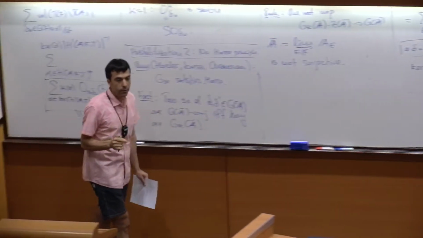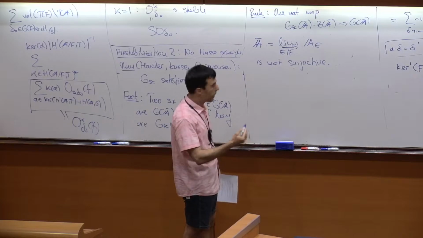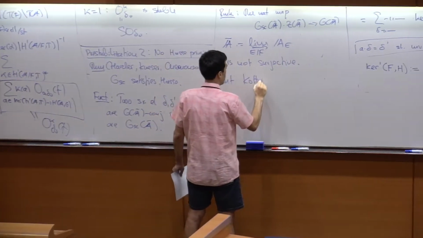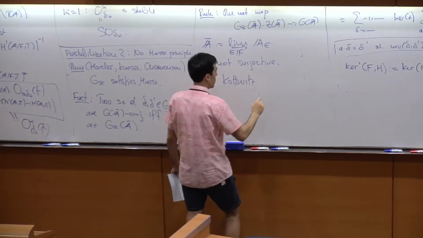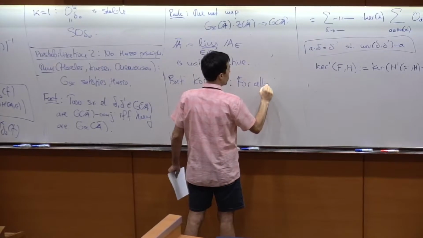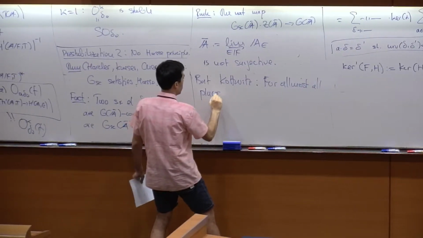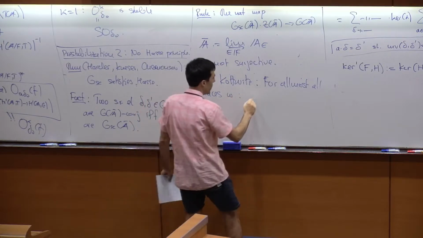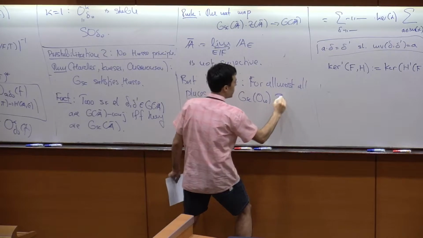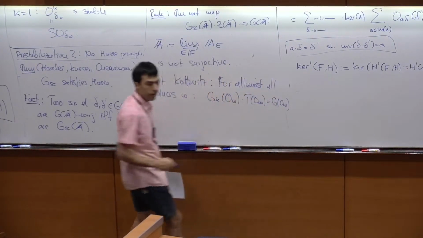However, there is a little lemma of Kottwitz that still tells you that what you want is true, namely, Kottwitz tells you that for almost all places W, we have that GSC of OW times T of OW is G of OW.